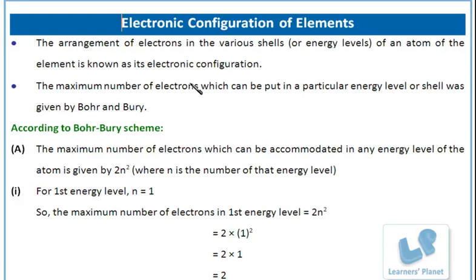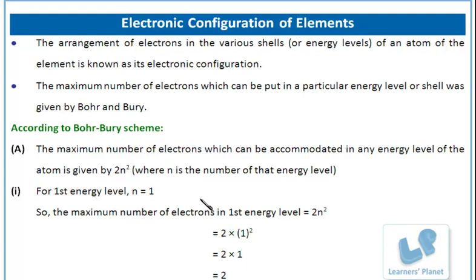Now students, there has to be a certain rule. The rule was given by Bohr and Bury. The maximum number of electrons which can be put in a particular energy level or shell was given by Bohr and Bury. According to the Bohr-Bury scheme, the maximum number of electrons which can be accommodated in any energy level of the atom is given by 2n square.